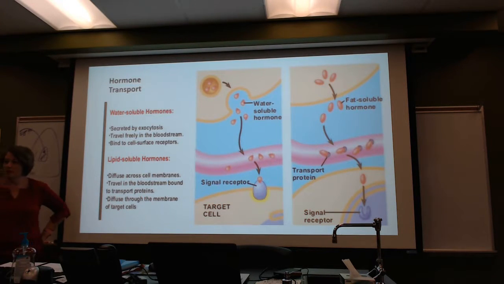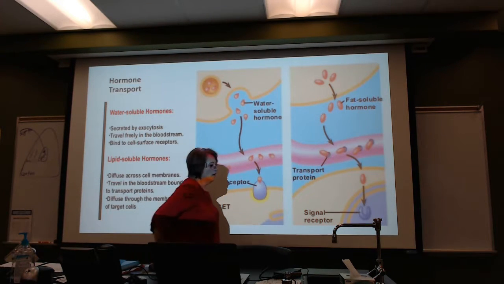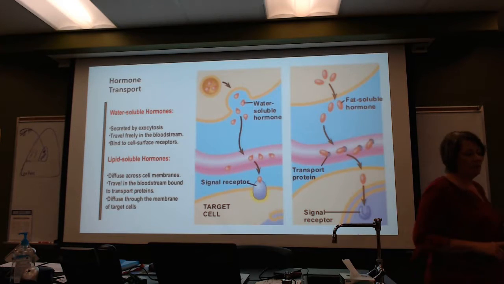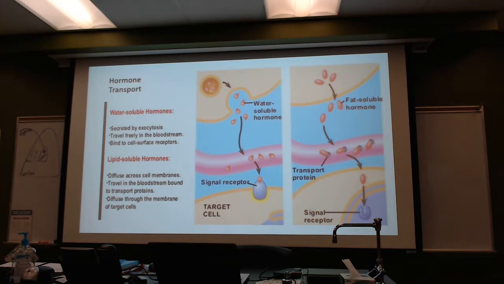Do you guys remember how something could be water soluble or lipid soluble in the body? Yes, no, maybe. Yes. Okay. Hormones, these chemicals, are the same way.